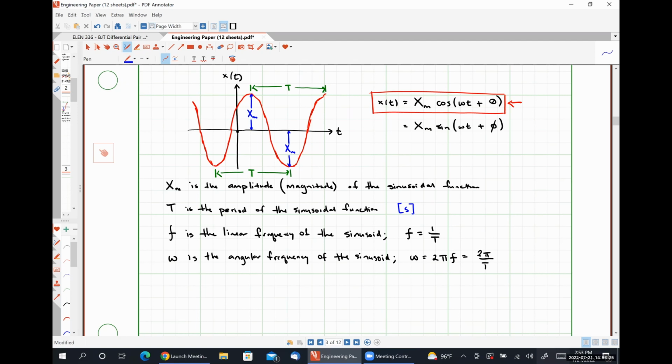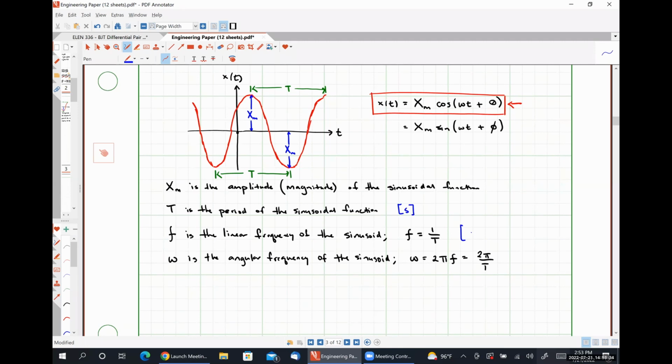Linear frequency F then has units of per second. Let me make this more obvious that that's seconds to the -1 power. And this is commonly referred to as the unit of hertz, where 1 hertz corresponds to 1 cycle per second.